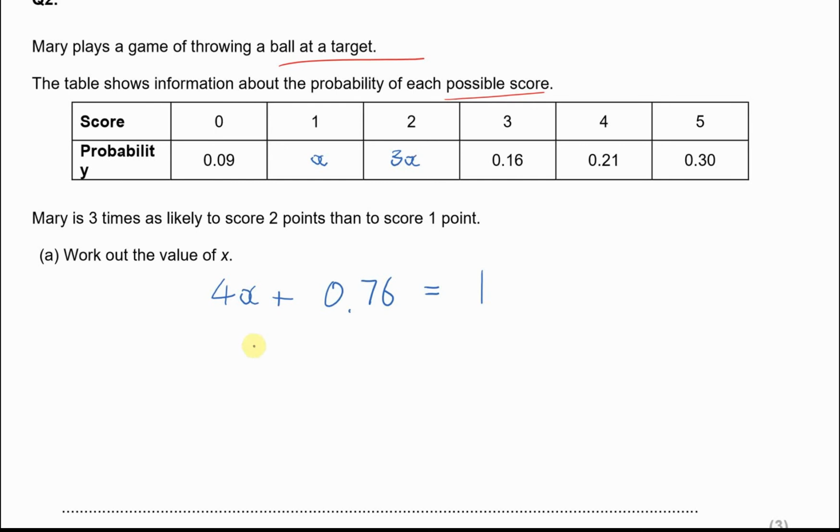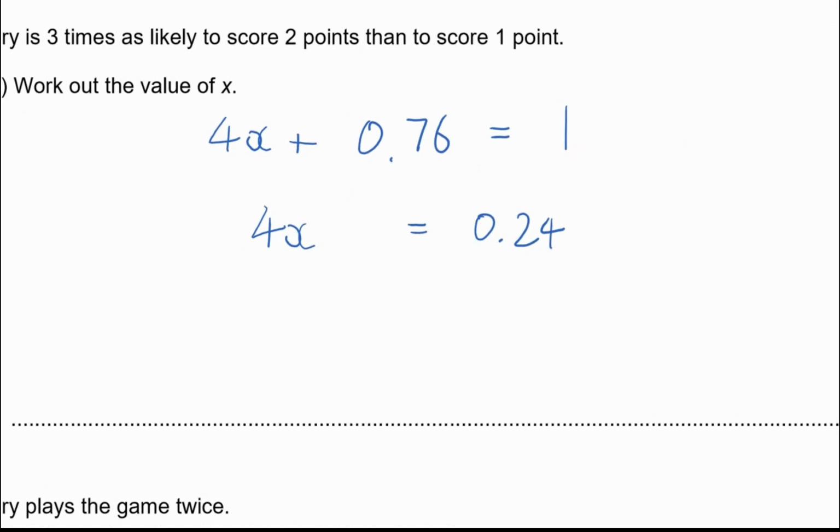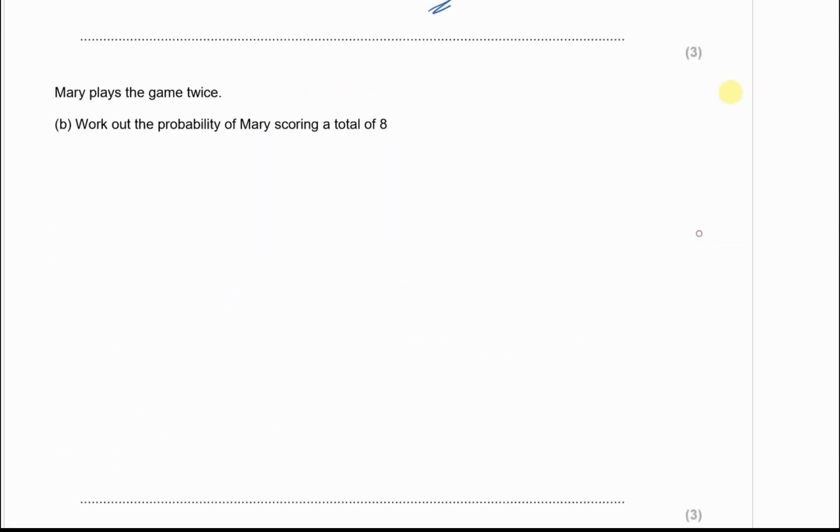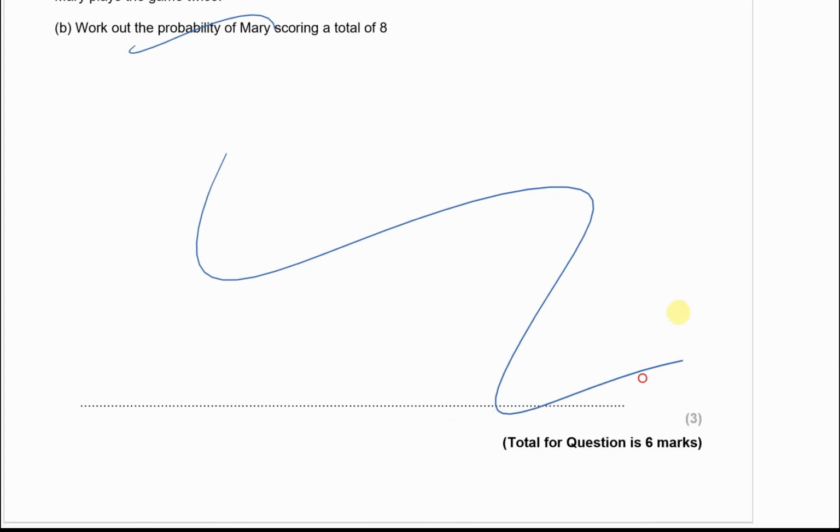Now, like an ordinary equation, we take away 0.76 from both sides. Then we've got 4 lots of x, we want 1 lot of x, so we divide by 4. If we do that, we get x being 0.06. I won't give a part B, because that's a bit harder, and that's not this kind of work here.